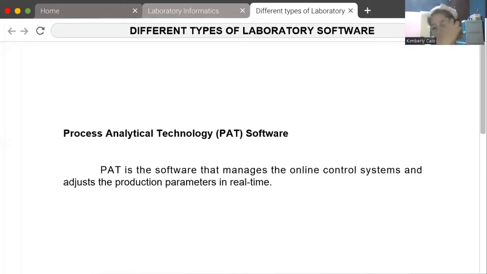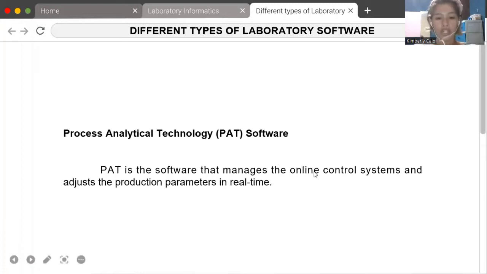The algorithms that accept analytical data and perform adjustments to the production system, providing the specified quality standards, are the backbone of PAT, or process analytical technology.